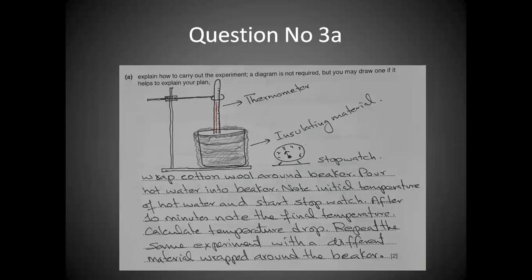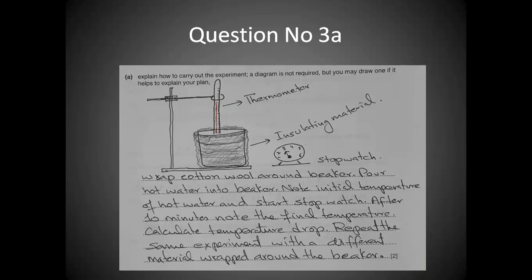Here you can see on your screen, I have drawn a diagram showing a beaker filled with hot water, and we have inserted a thermometer to check the reading of the temperature. We have also placed a stopwatch with it, so we can measure how much time for cooling you have given.